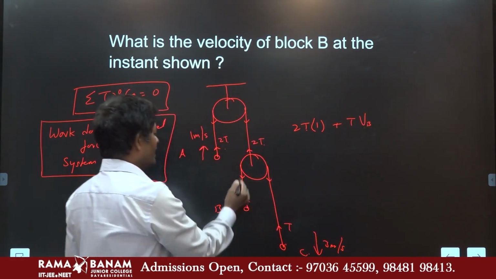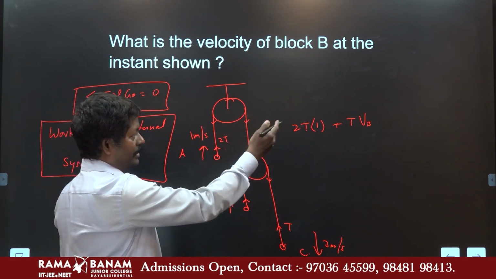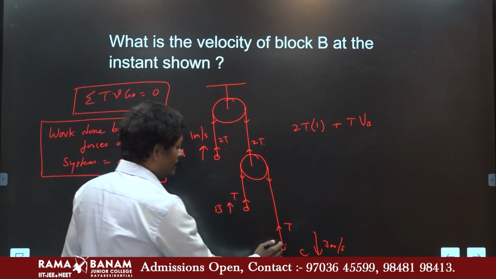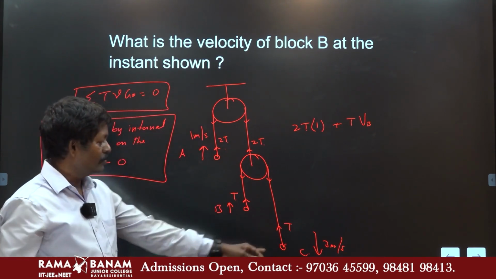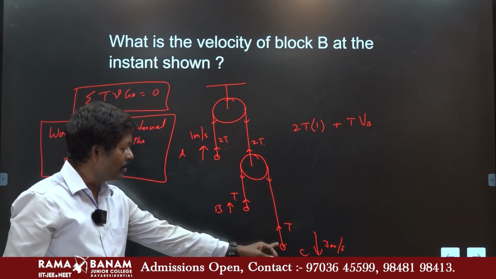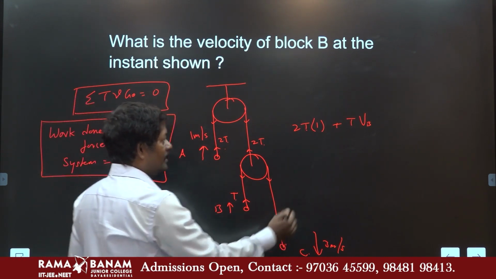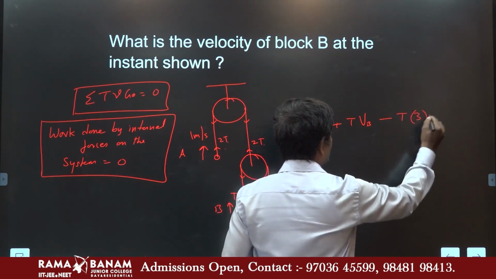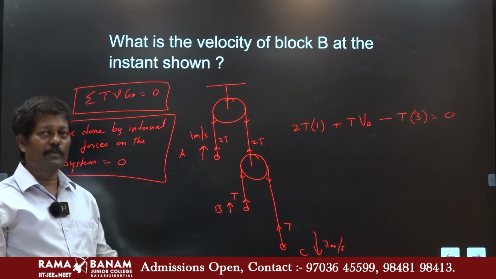What is the angle between T and VB? 0, cos 0 is 1. So I need not write that 1. Whereas this block C is coming down, it is given in the question. Tension on the block is upward. So angle between the tension and the velocity is 180. So minus T into 3 is 0. We get the solution by one equation, that's all.